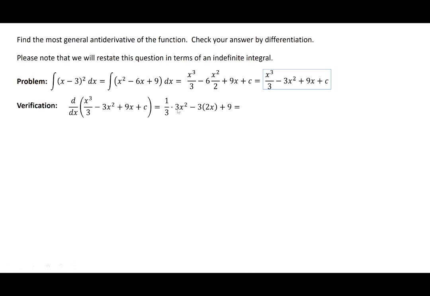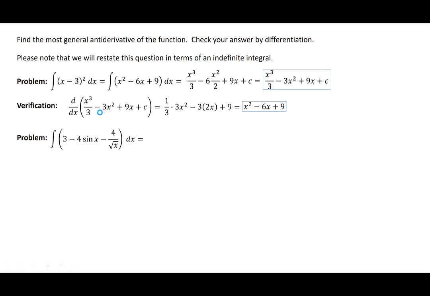If you simplify this, you get x squared minus 6x plus 9. Ta-da! That's the foiled form of the integrand. Right? So our answer must be right. Because when we found that the integral of this is equal to this right-hand side, we verified by checking that the derivative of this is equal to the integrand. End of the story.